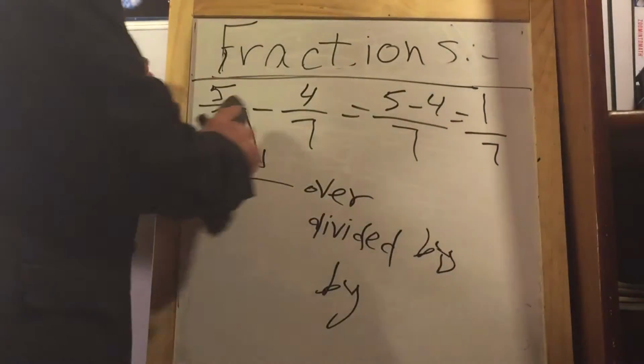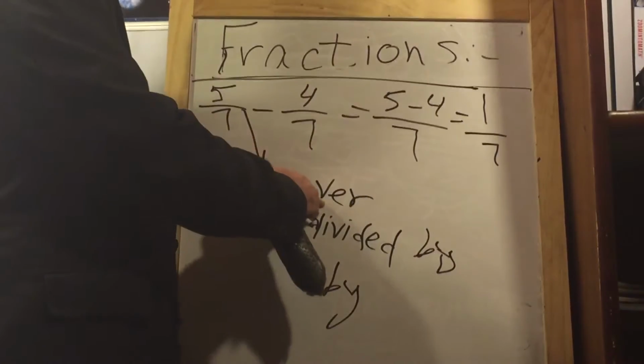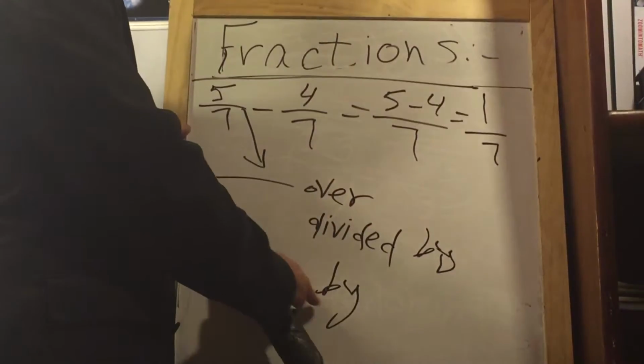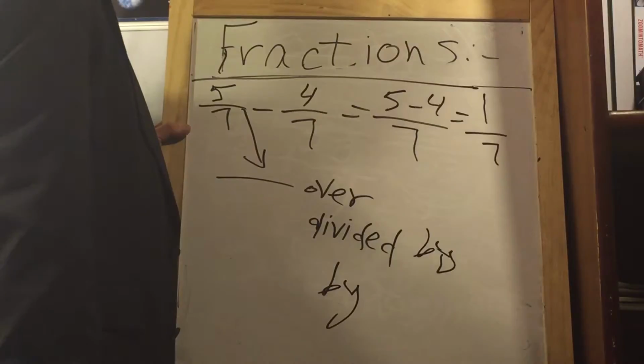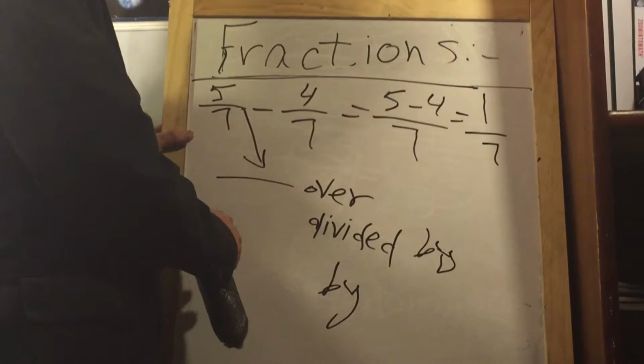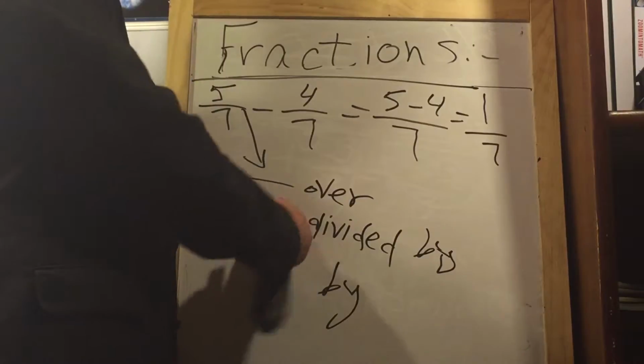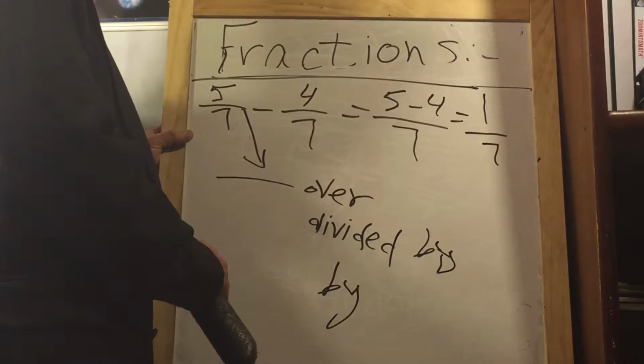So again, you can write it down. This line here is over or divided by or by. Same thing.